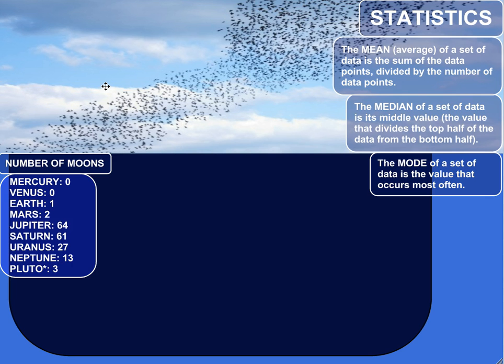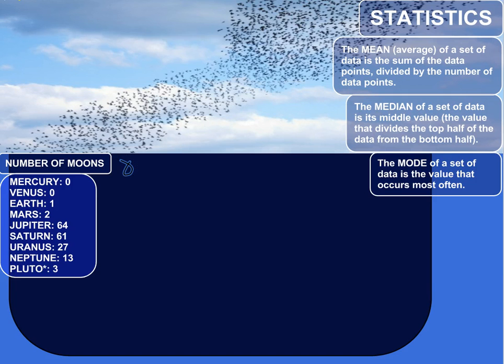Let's just do the cold hard calculations on this data set, and then let's look at this philosophically. All right, let's calculate the mean. The way you find the mean is you add up all the data points and then divide by the number of data points.